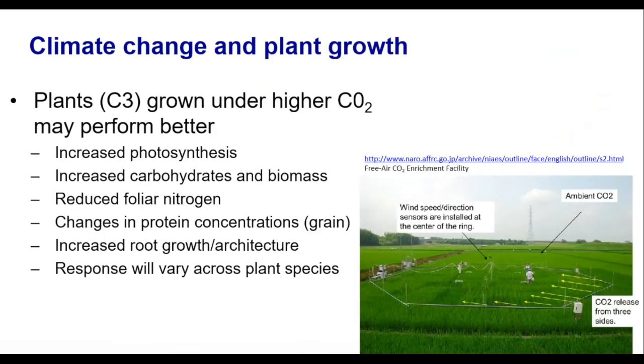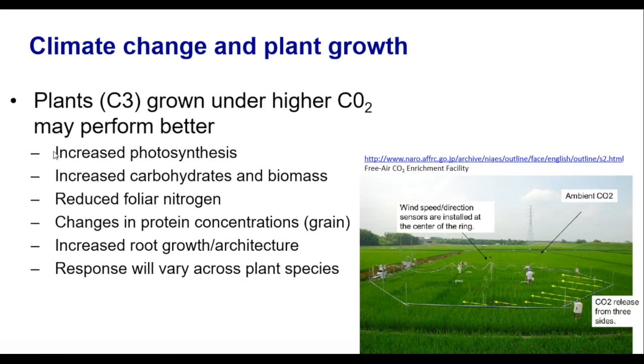So, on to the effect of climate change on plant growth. As we've said, the projection is that there's going to be a continued increase in CO2, and plants may actually perform better, particularly C3 photosynthesizing plants.